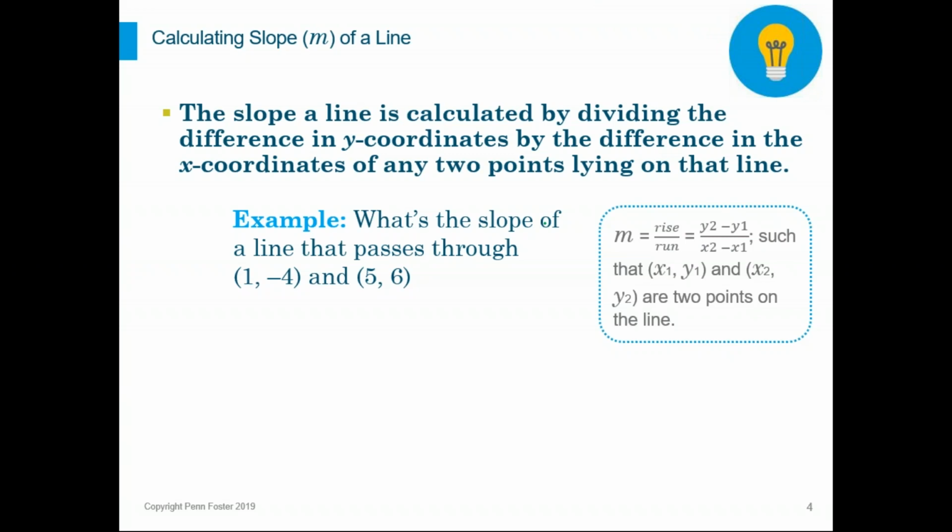The formula basically asks you to subtract the y coordinates of the 2 points given to you either in the question or in the graph, and then divide over the difference in the x coordinates of these same points. For example, what is the slope of the line that passes through (1, -4) and (5, 6)? If the question says the line passes through these 2 points, that means the 2 points are on that line. So I'm able to use the points to calculate a numerical value for the slope of this line.